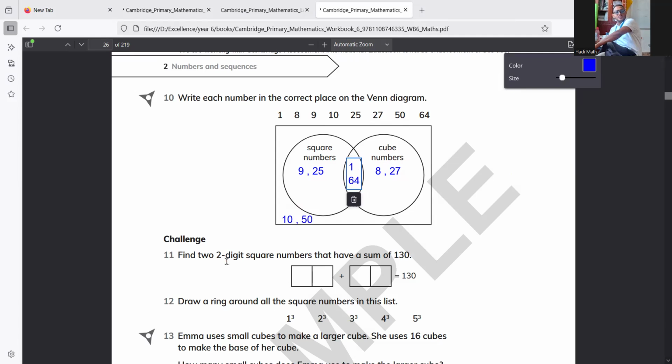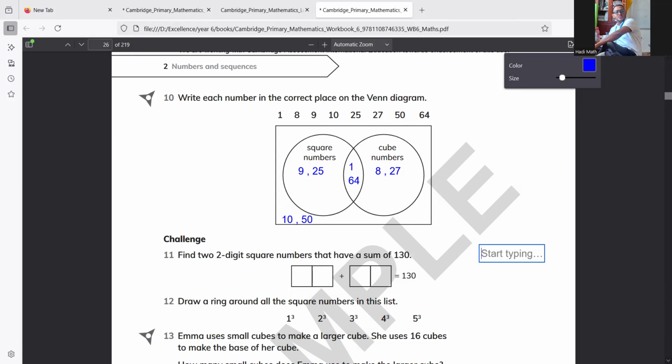Let's go to question number 12. They ask for two-digit square numbers that have the sum of 130. Okay, so please be smart. Go and look for the square numbers that are less than 130, because if both of them add to 130, each one of them is less than 130.